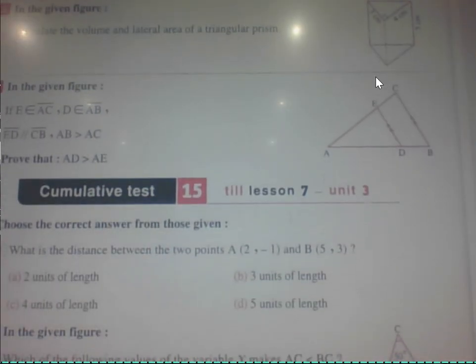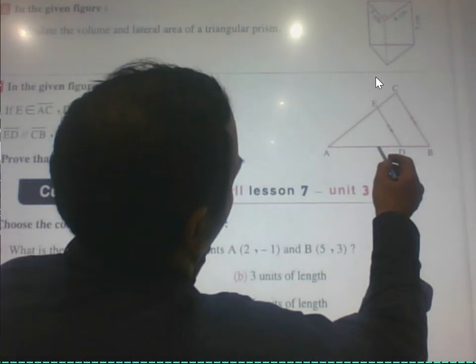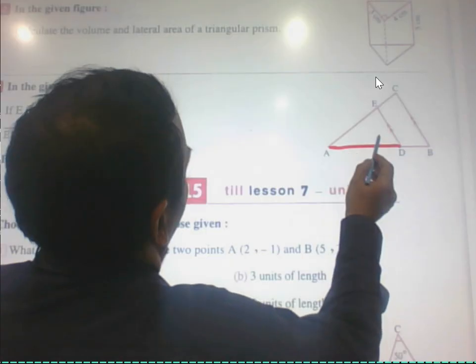Now, we want to prove that in this figure, AD is greater than AE.